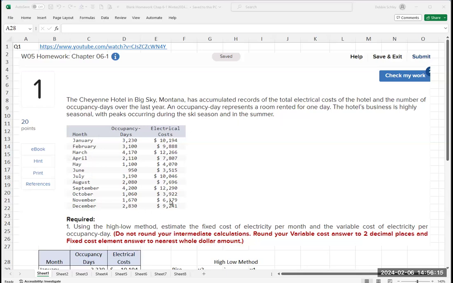So they give me all of this data, and they want me to use the high-low method to estimate the fixed cost of electricity per month and the variable cost of electricity per occupancy day. Do not round your intermediate calculations. Round your variable cost answer to 2 decimal places and fixed cost element answer to the nearest whole dollar amount.